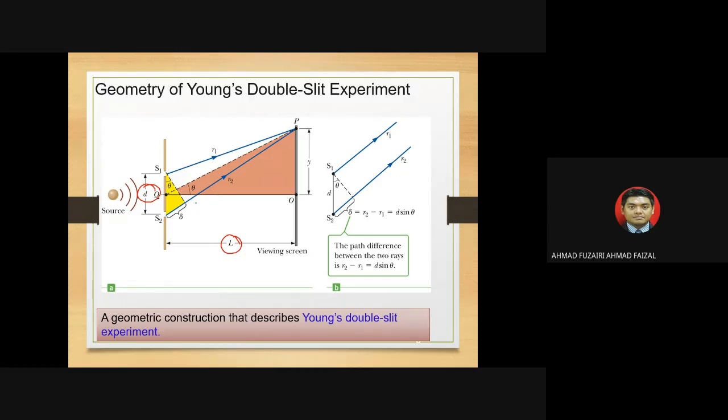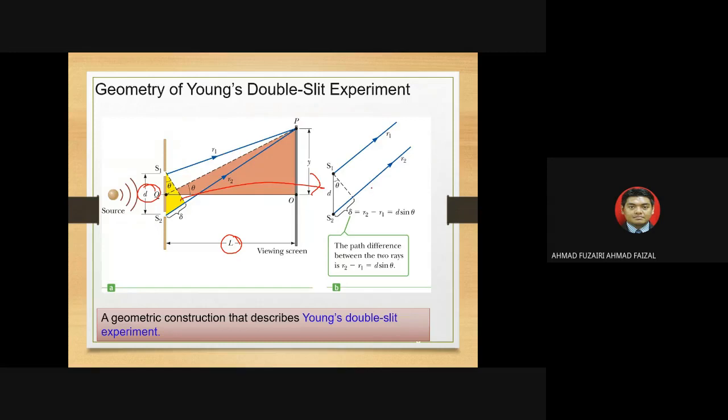And number two is theta. Theta here. Okay, you can look at the yellow triangle. So R1 is considered to be the wave from S1, and R2 will be the wave from S2.